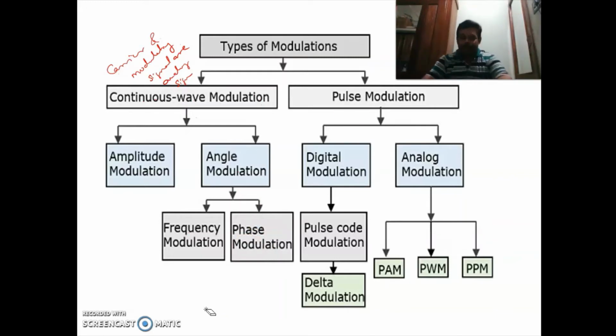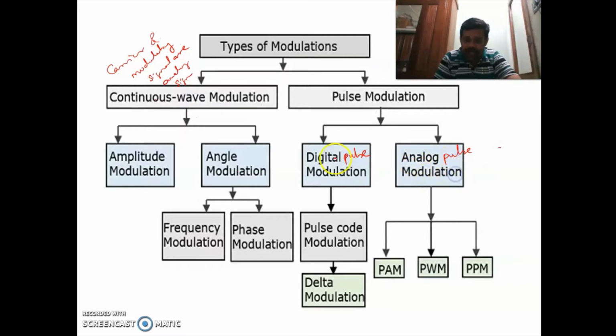Now we come to pulse modulation. In pulse modulation, there are two types: digital pulse modulation and analog pulse modulation.